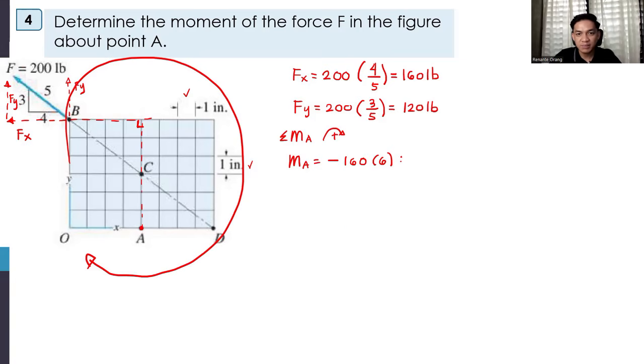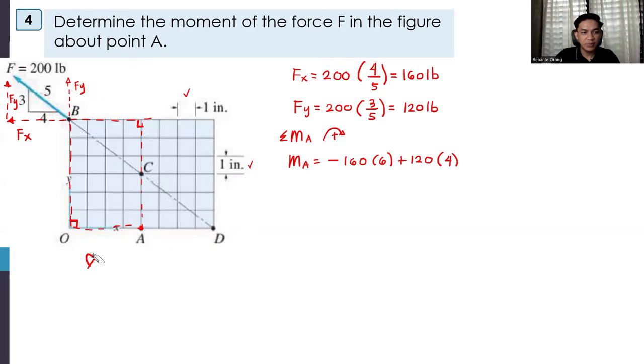So, ilagay natin positive Fy, which is 120 multiplied by its perpendicular distance. So, tingnan natin dito. Ito yung ating Fy. And if papupuntahin natin siya sa point A, this is its perpendicular distance. So, bilangin po natin 1, 2, 3, 4. So, this is multiplied by 4 inches.